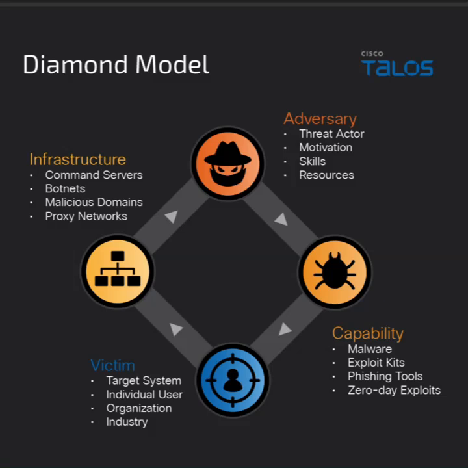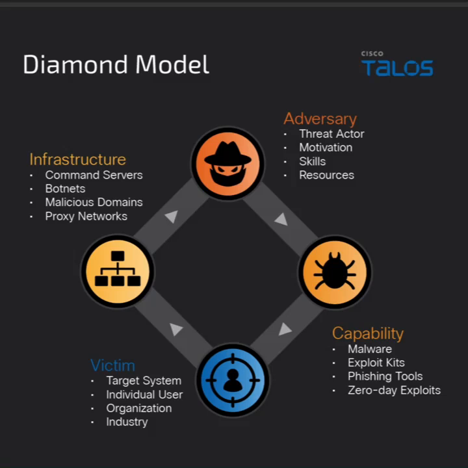So who is the adversary, or who are threat actors? A threat actor is a person or a group that may be sponsored by a nation, by specific companies, or by an individual to conduct a cyber operation against targeted assets.